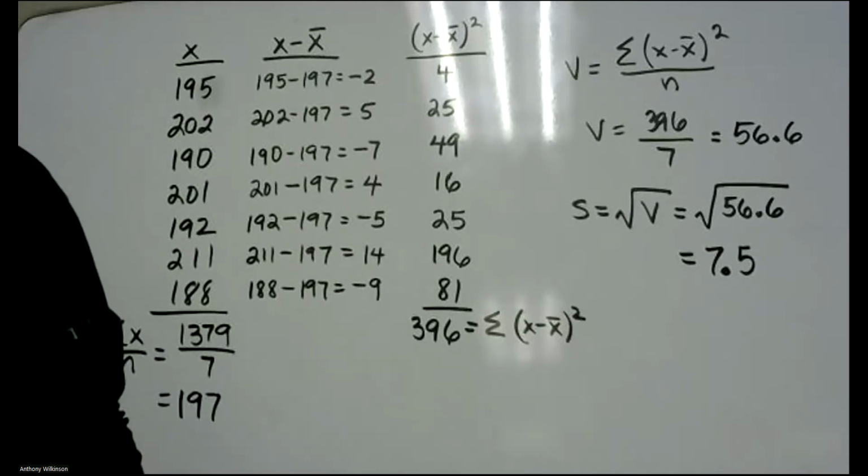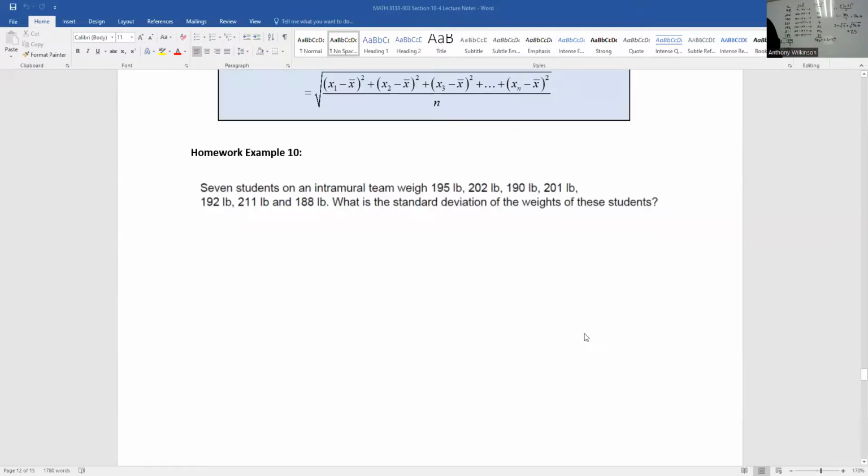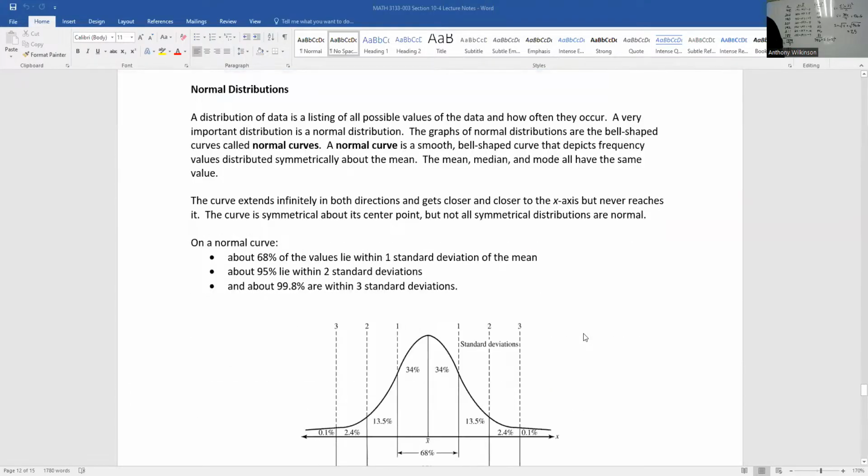All right, next we'll move on to normal distribution. Because in this case, standard deviations have something to do with normal distributions, along with the mean as well. A distribution of data is a listing of all possible values of the data and how often they occur. A very important distribution is a normal distribution.